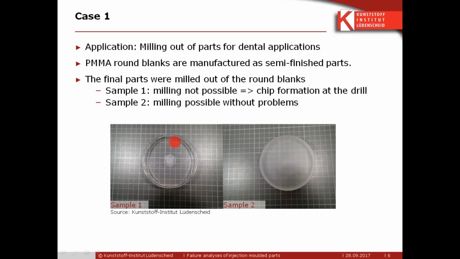The result of this analysis is a molecular weight distribution that you can see on this sheet. You have sample 1 on the left side, that is an NOK sample, and you see that sample 2, the OK sample, has more than one maximum, and much higher average molecular mass.